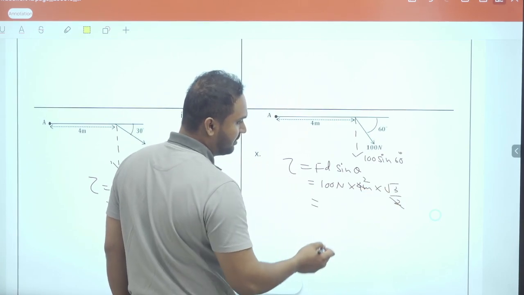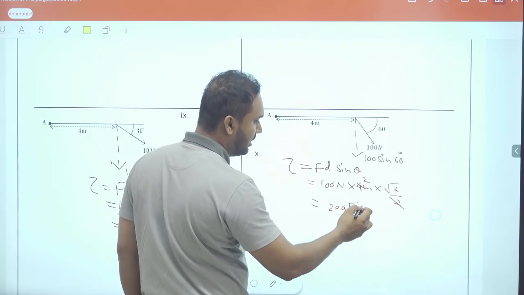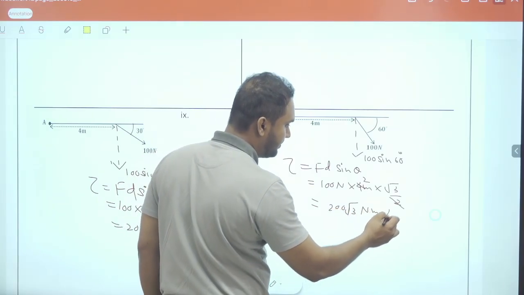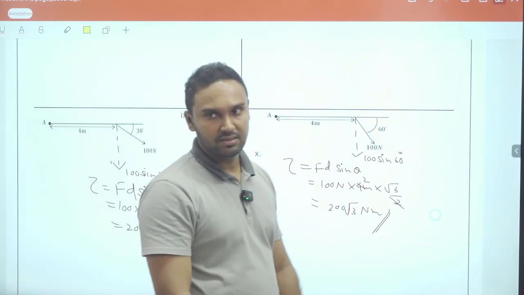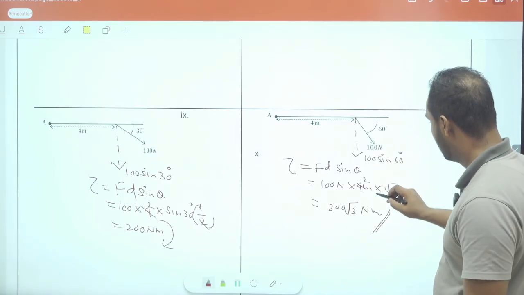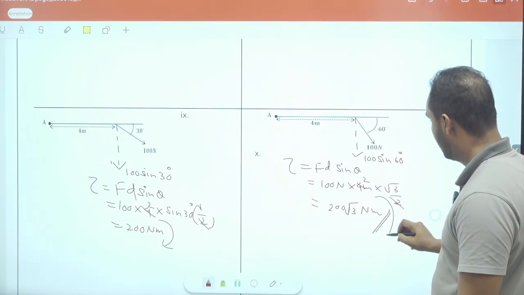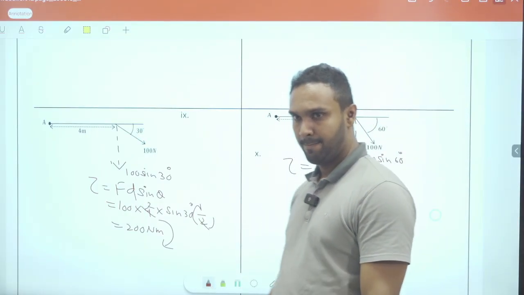So the final answer will be 200 root 3 Newton meters. You don't have to simplify the last one. Keep it in surd form, that's fine. And the direction is clockwise, right? Clockwise. Get it?